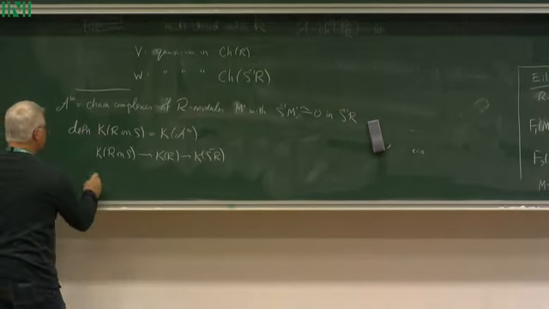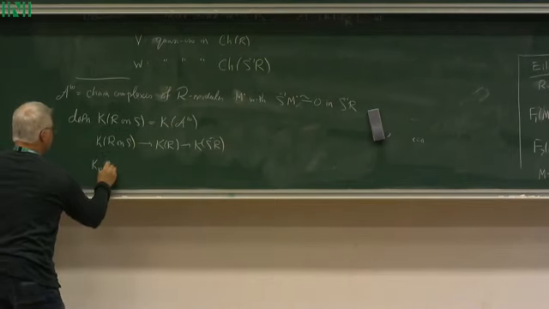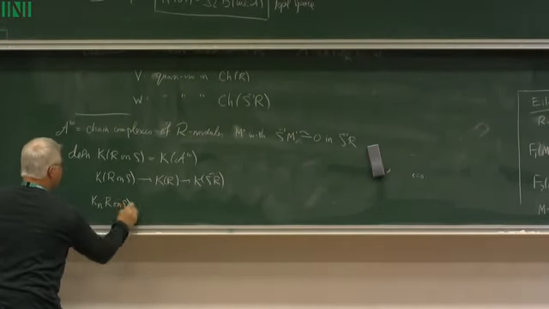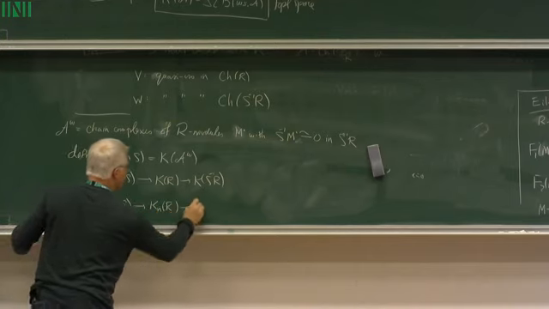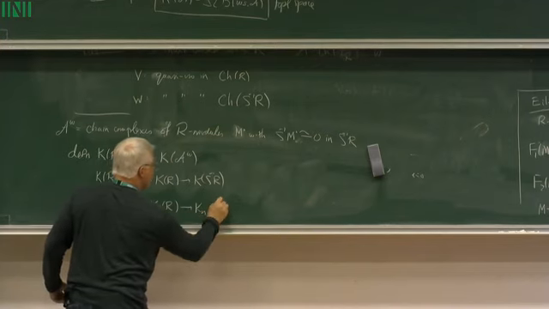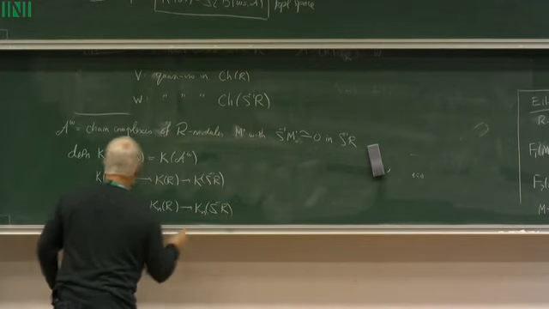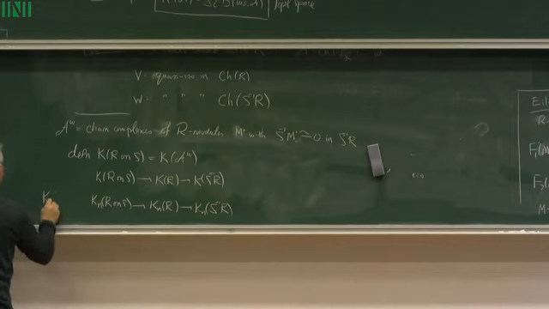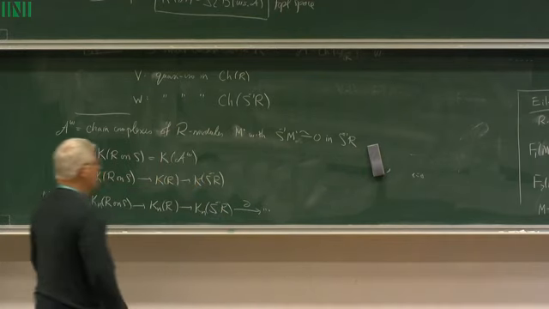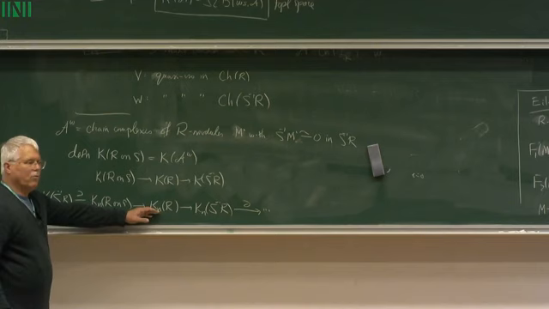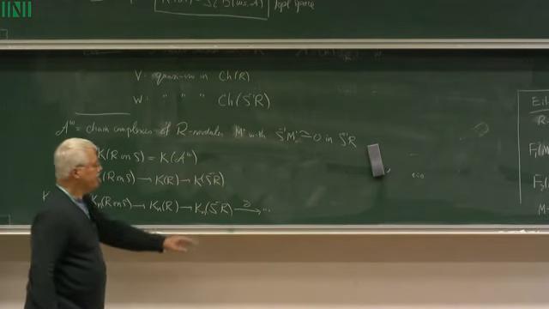And that gives you long exact sequences, which allow you to compare the K theory of one ring to the K theory of another ring.